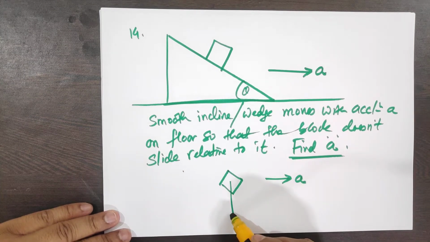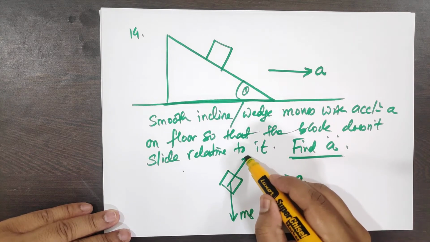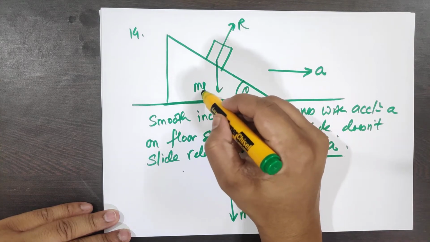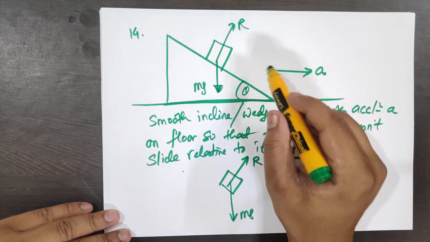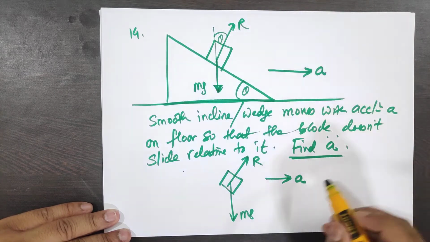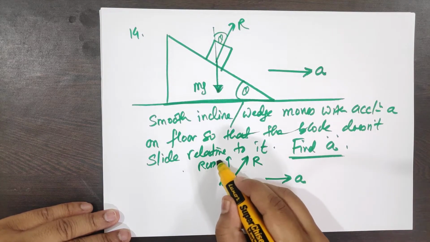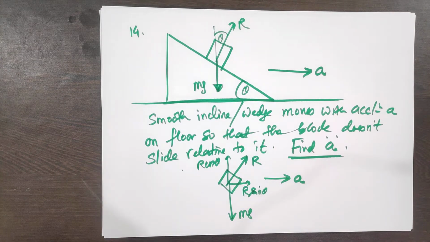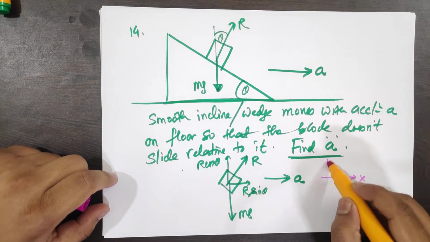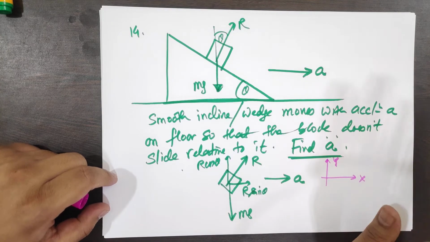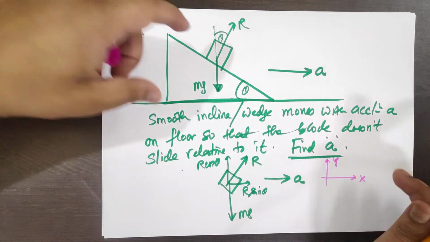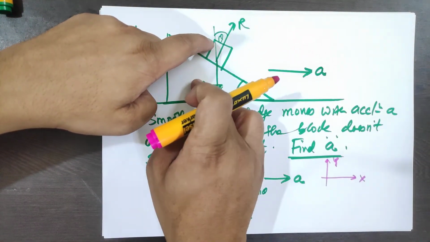Now if you look at the forces on the block, this is mg and this is the normal reaction, and due to this the resultant acceleration is this way. This is angle theta, so you can split it into R cos theta and R sin theta, because these are the two axes. This is the direction of acceleration. You take the x-axis here, this is the y-axis. Whenever you see an inclined plane, the first tendency will be splitting up mg into mg sin theta and mg cos theta.